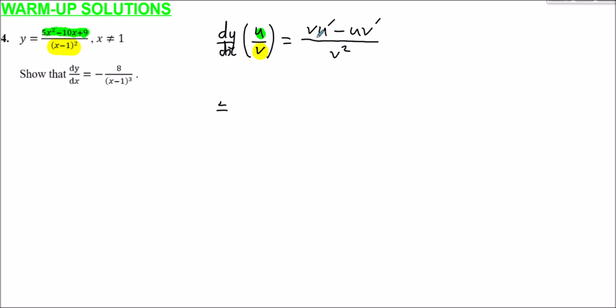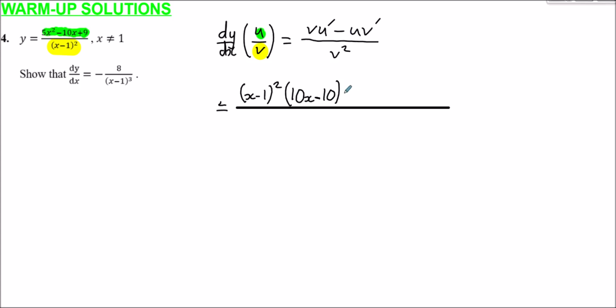So the first bit, I've got v, which is x minus 1 squared. I'm going to multiply that by the derivative of the top function u. 5x squared minus 10x plus 9 would differentiate to just 10x minus 10. The plus 9 will disappear entirely.